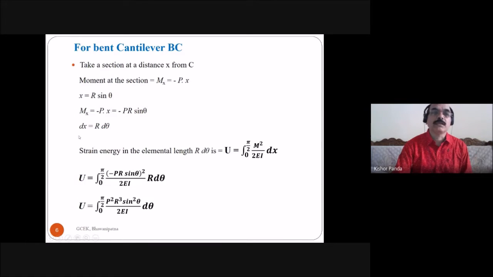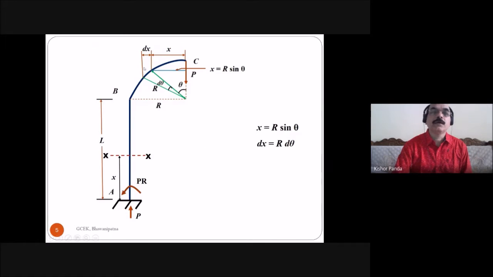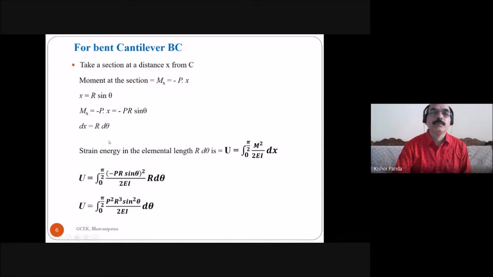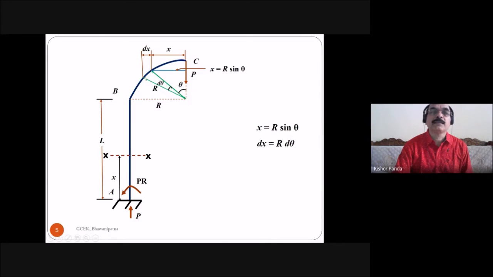But you know dx is equal to r into d theta, because this is r d theta and this is dx. As this is a very small angle, you have to take dx equal to r into d theta. You have to find out what is the strain energy in the elemental length r d theta.